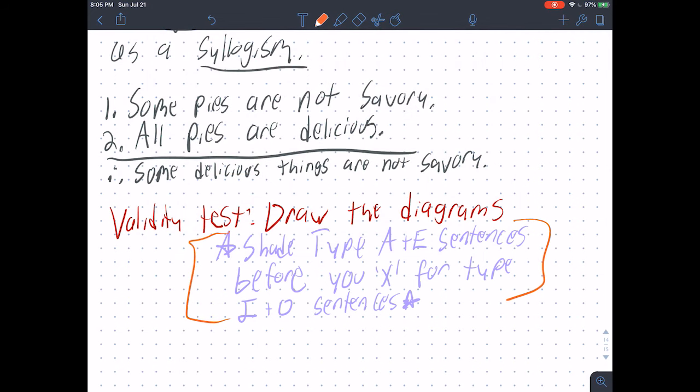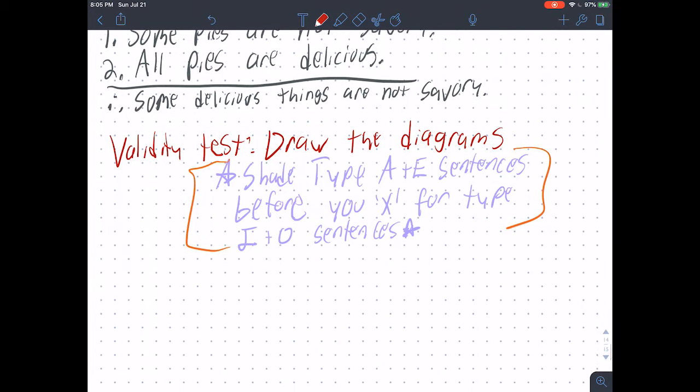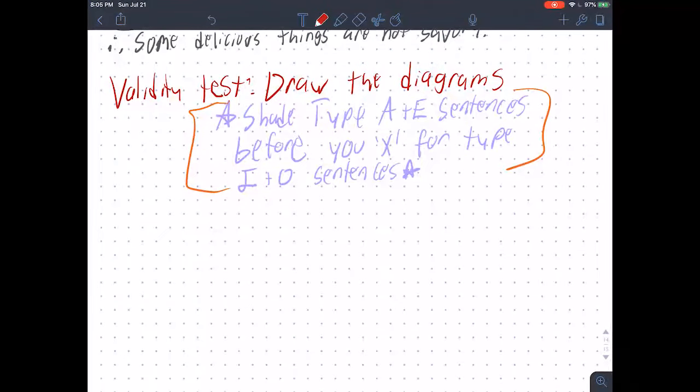But do remember, I'm just going to say it again, you have to shade type A and E sentences before you mark the X for type I and O sentences. And then, so step 1 is draw the diagrams. Step 2 is look at the diagrams.